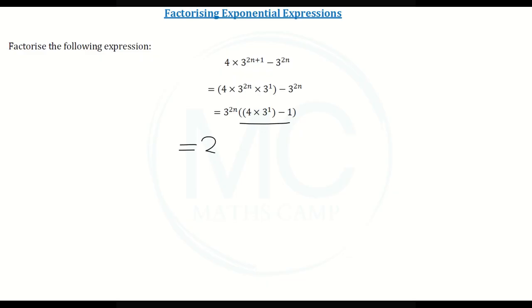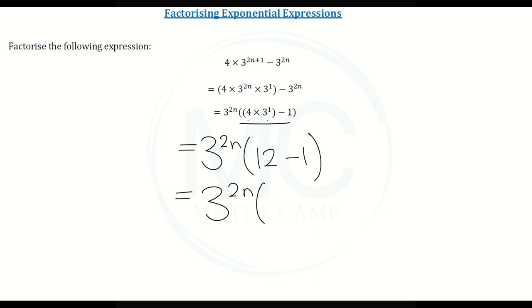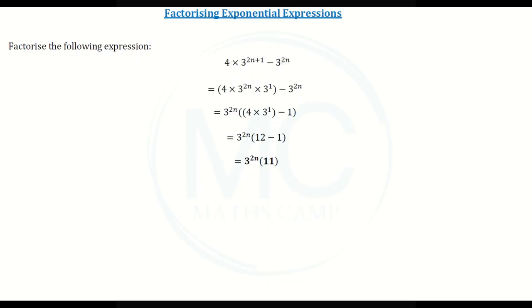So we have 3 to the power of 2n outside. Open the bracket. 4 multiplied by 3 is 12. And then we minus 1. Close the bracket. We have 3 to the power of 2n. 12 minus 1 is 11. And this is our final answer.